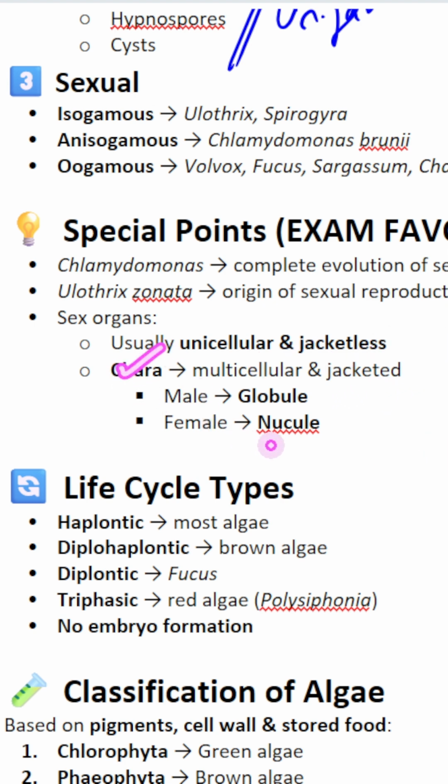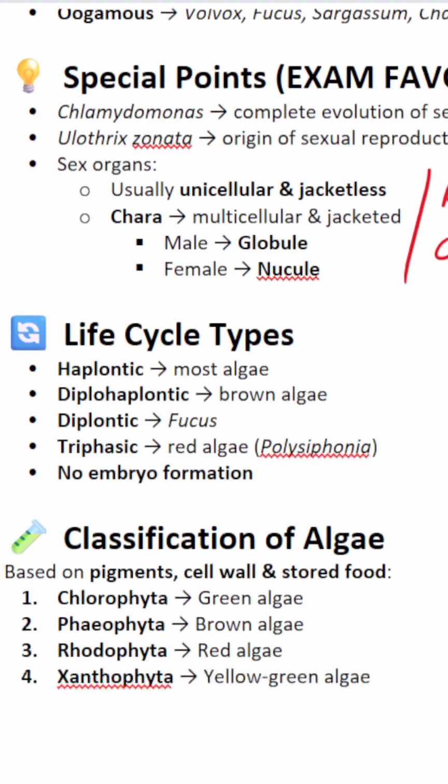In Chara, the male is called globule and the female is called nucule. But in the normal mode of algae, the antheridium is male and the oogonium is female.